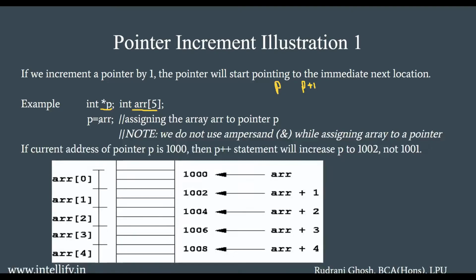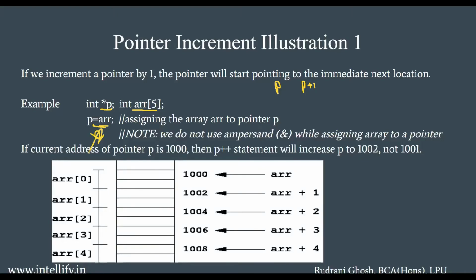We have assigned the value of ARR to P. Note, we do not use the ampersand or address-of operator while assigning the array, because the array name represents the base address, or the first element of the array. So automatically when we assign ARR, we are assigning an address.